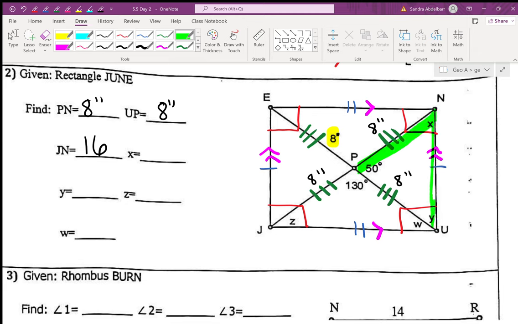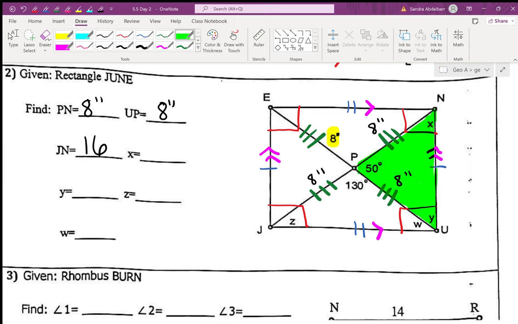So in order to find X, do you all see this triangle I'm highlighting in green? Triangle PNU. Okay, in triangle PNU, angle P is 50 degrees. And this is also really important because we really couldn't do this without it. In triangle PNU, aren't the legs congruent? Because all 4 parts of the diagonals are congruent.